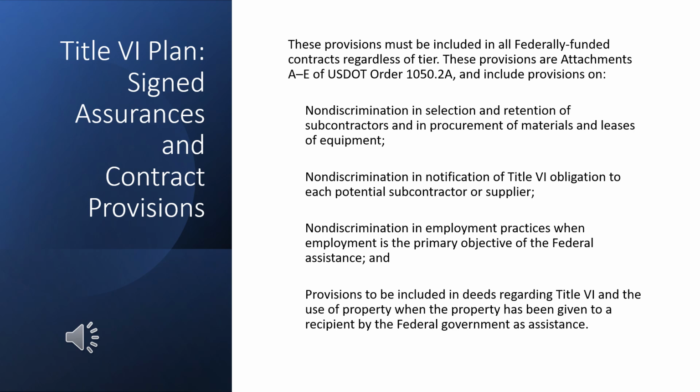Non-discrimination in employment practices when employment is the primary objective of the federal assistance. And then finally, provisions to be included in deeds regarding Title VI and the use of property when the property has been given to a recipient by the federal government as assistance. These provisions must be included in all federally funded contracts, regardless of tier.